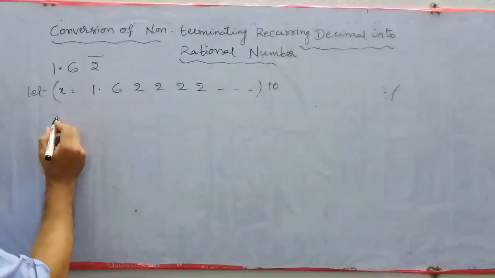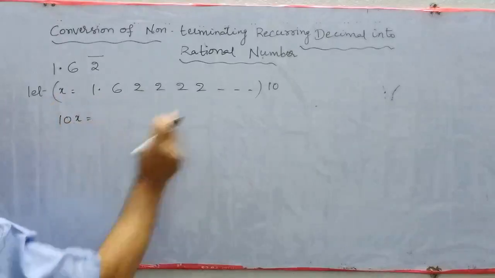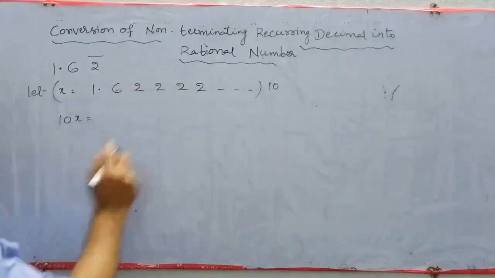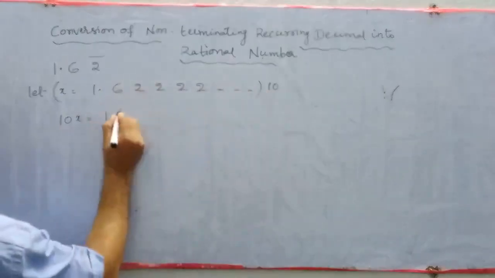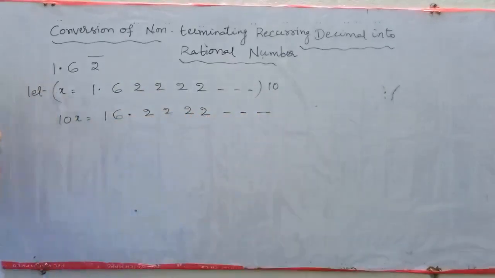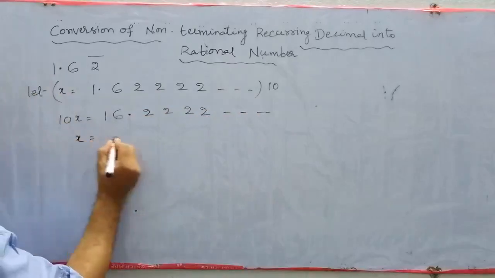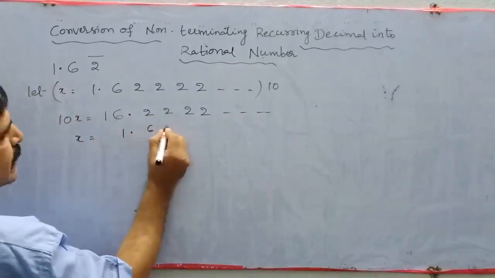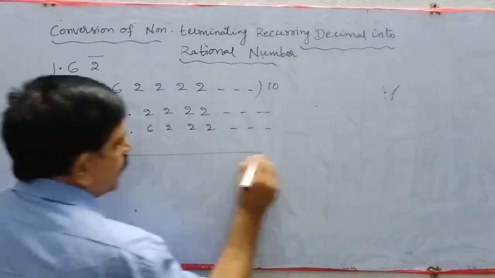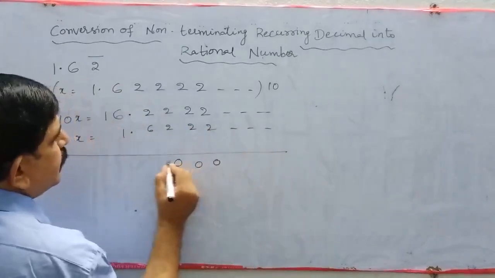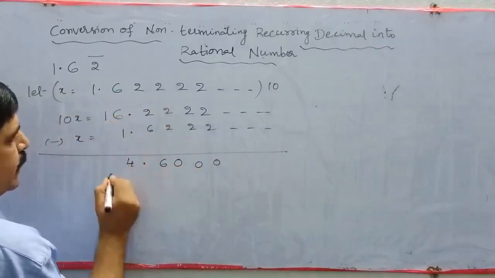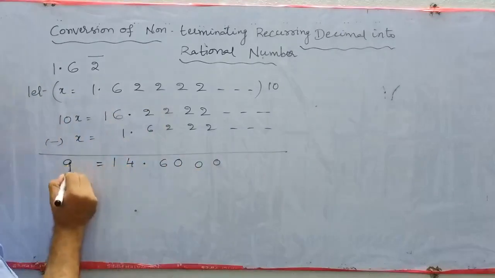So 10x is equal to 16.2222 and so on, as the point moves one place to the right. Next write x here, x is equal to 1.6222 and so on, and subtract.